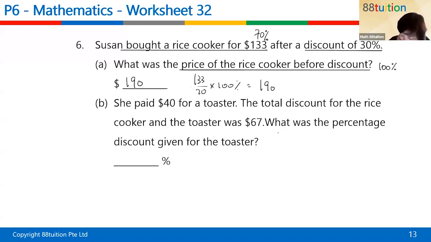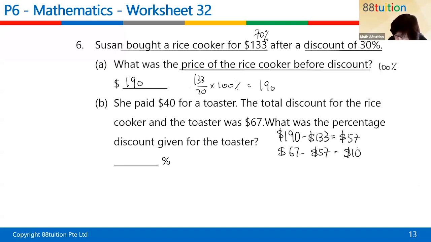We have $190 minus the price that you paid for $133. Then that will give you about 57. So when there's 57 as a discount, my total discount 67 minus 57 is the $10 discount.